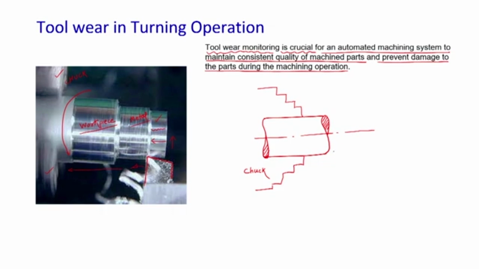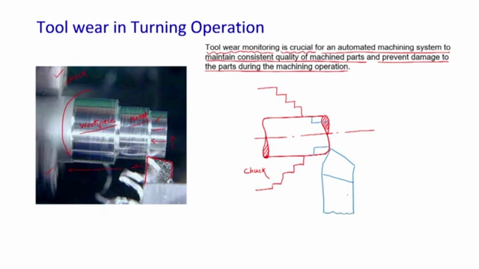Now, to remove the unwanted portion or to manufacture a step over here, we have to use a single point cutting tool. So, consider a single point cutting tool that we have taken. The single point cutting tool has two edges. This is the side cutting edge and this is the end cutting edge.